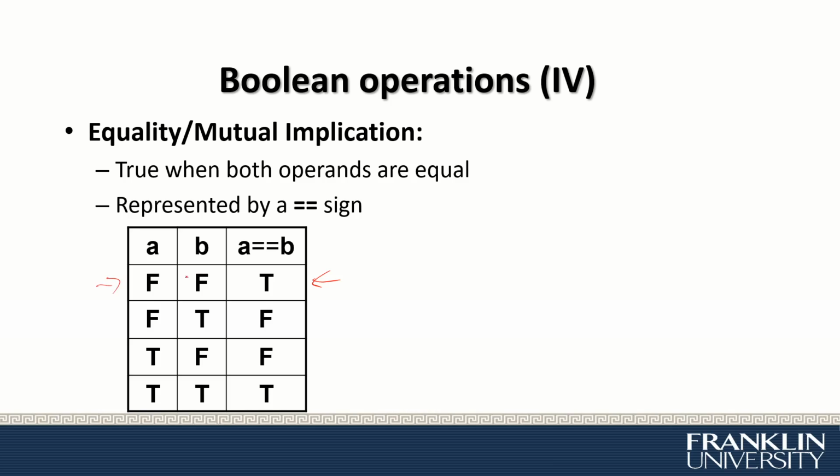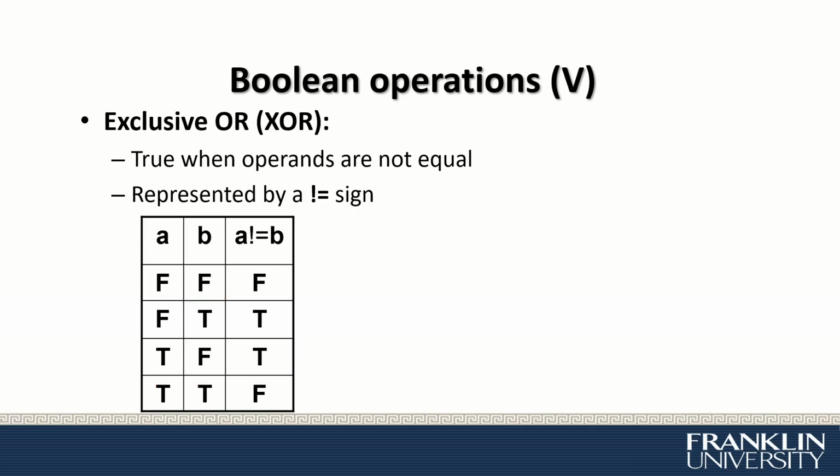But A equal to B only says whether both operands are the same. And in this case, both operands are the same, so the output is true. And A not equal to B is like an exclusive OR, and it basically says true when the operands are not the same. This is true if A and B are Boolean values.